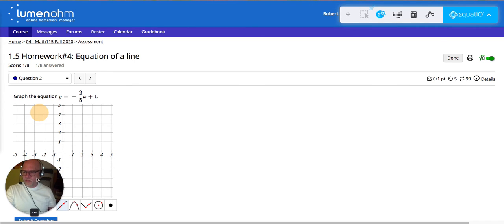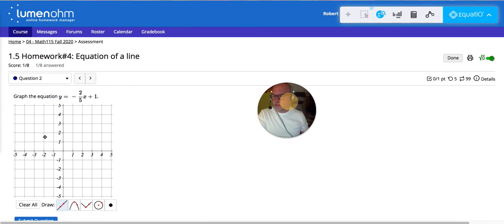Okay, graph this equation. If you graph this equation, you want to start with the y-intercept, where that's located, and then you've got to click the type of line you're going to use, which in this case is linear. You're going to do a positive 1, and then follow the path, which is down by 2 and across by 5.